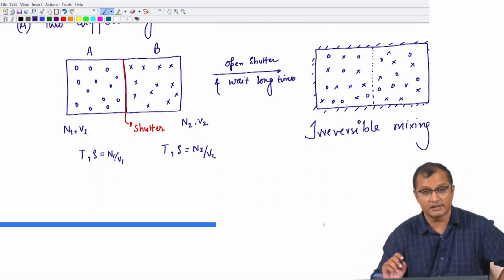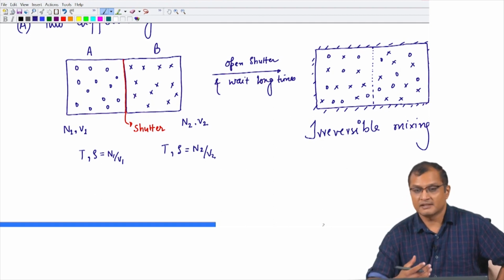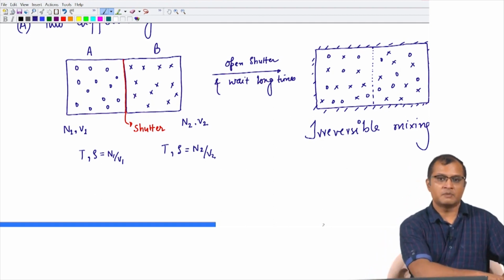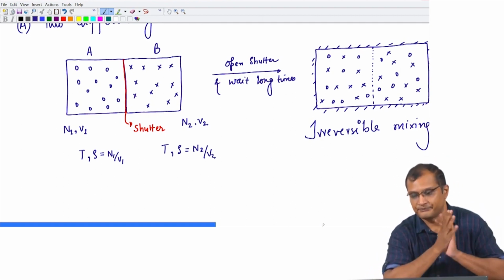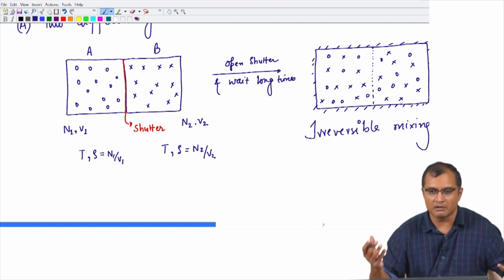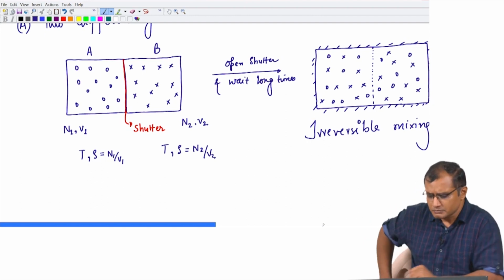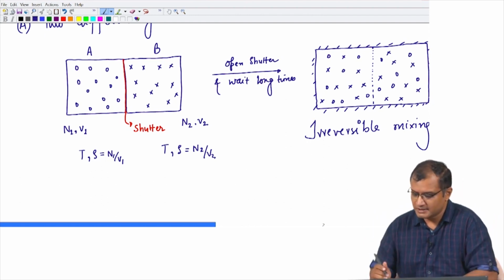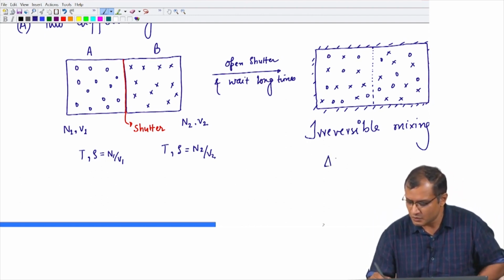So, complete isolation, and what you have seen is that in this isolated system something irreversible has happened. So, it is well known from the second law of thermodynamics that I must see the total entropy of the universe increase.